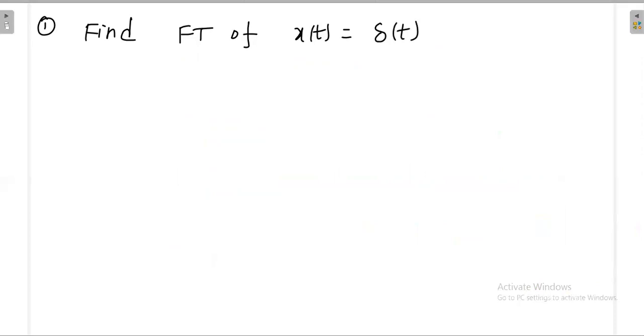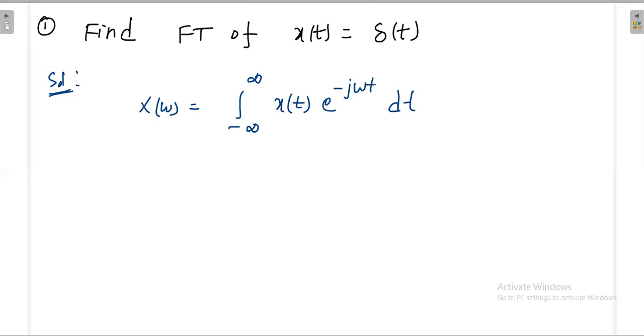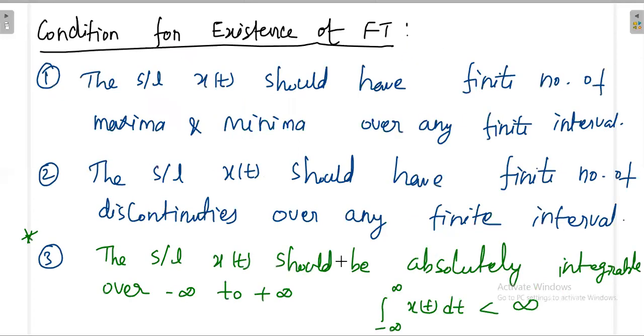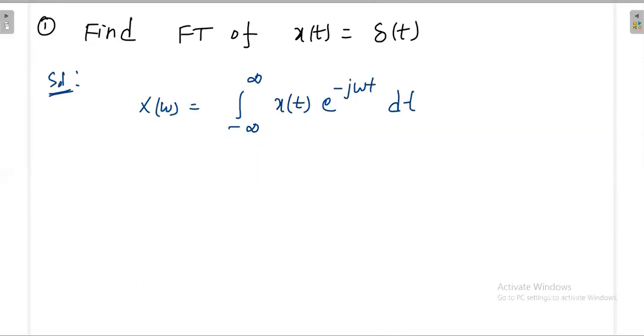The basic formula is X of omega equal to the integral from minus infinity to plus infinity of x of t e power minus j omega t dt. Before using this formula, check whether the integration of the impulse is less than infinity. Yes, the integration of the impulse value is 1, so it is less than infinity. So the impulse is absolutely integrable, and we can find the Fourier transform for the impulse.